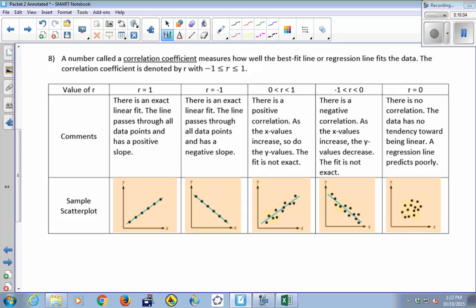The correlation coefficient is always a number between -1 and 1. We call it R, correlation coefficient. When R equals 1, that means an exact linear fit. Your best fit line passes through every data point and has a positive slope. Perfect correlation. If R equals -1, this is also a perfect correlation. Your best fit line passes through every data point, but it has a negative slope.